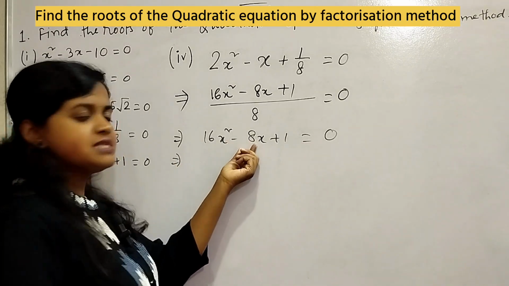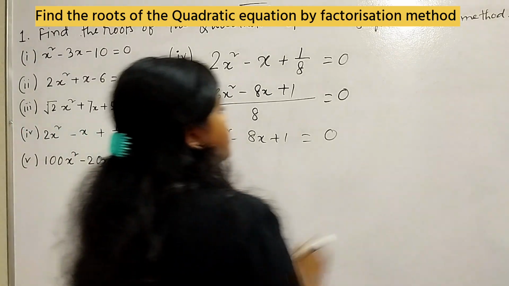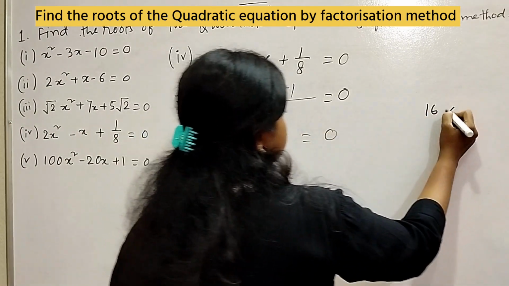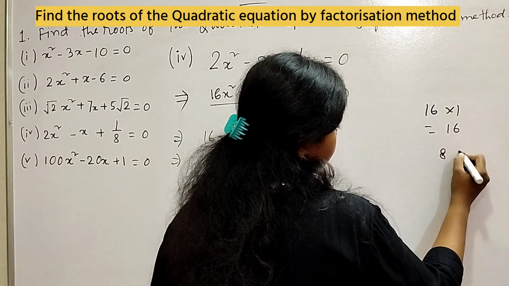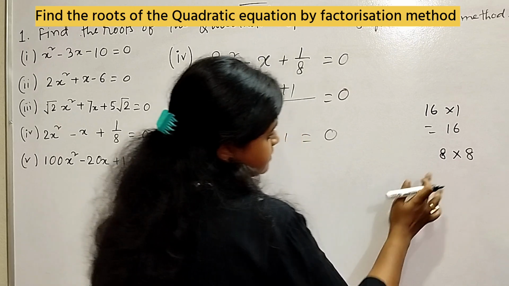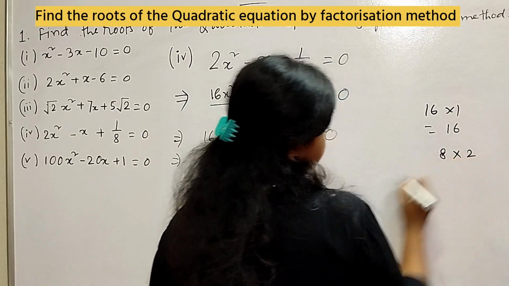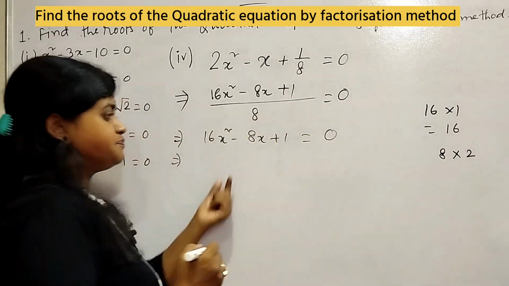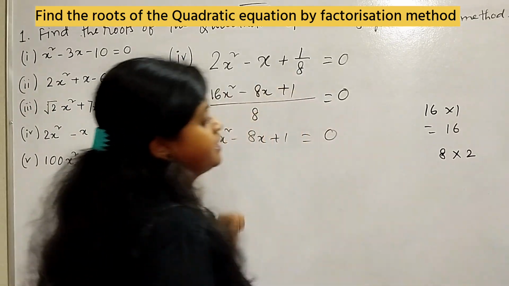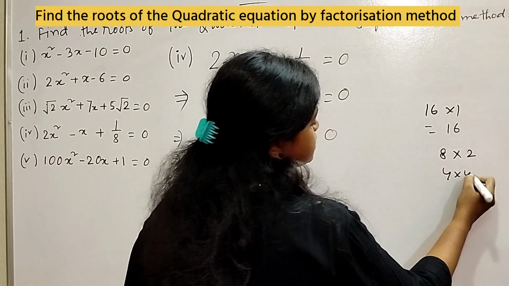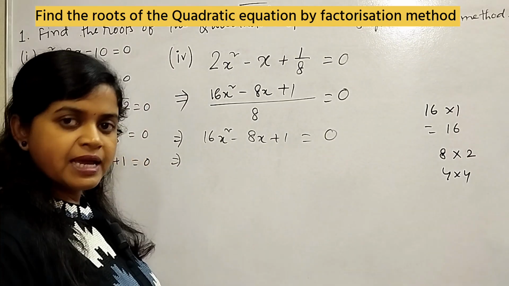Here the middle term is 8, the coefficient of x square is 16 and the constant term is 1. So 16 1 is 16, but we cannot adjust 8 with 8 and 16. You can write 4 4 is 16 and 4 plus 4 becomes 8.